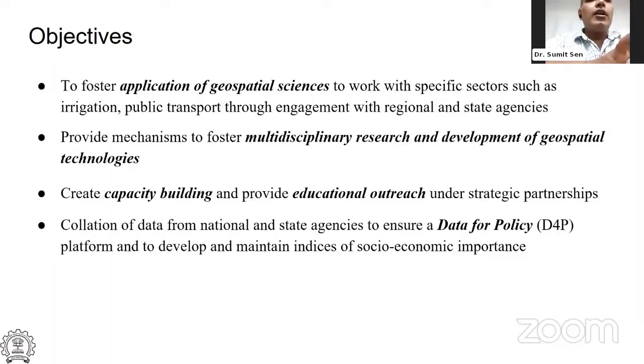We are looking to make sure that the community and the agencies that fund these projects, or are engaged with us in such projects, also develop their capacity to use the outputs of the project. And we also want to provide educational outreach under strategic partnership.